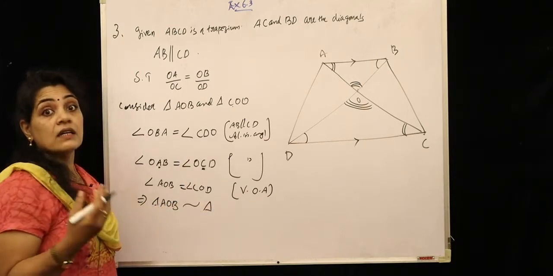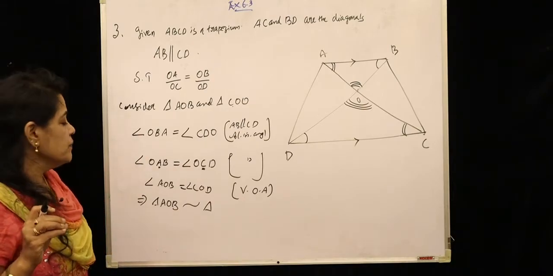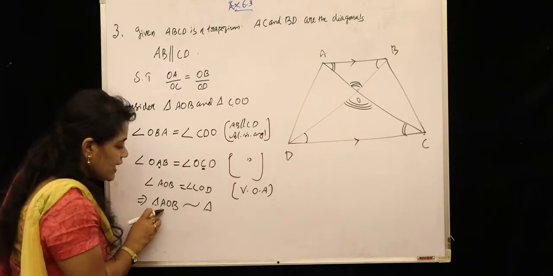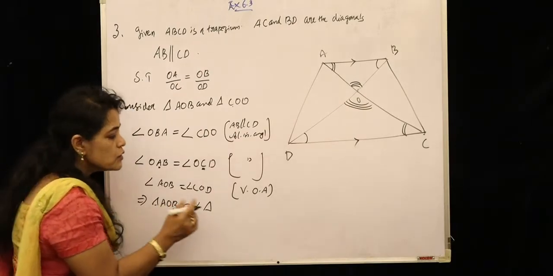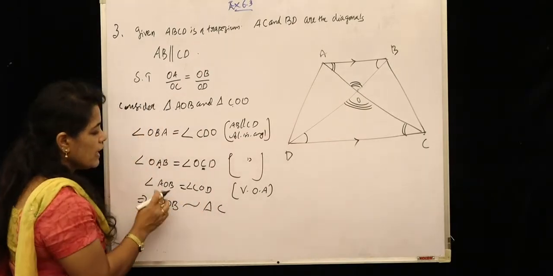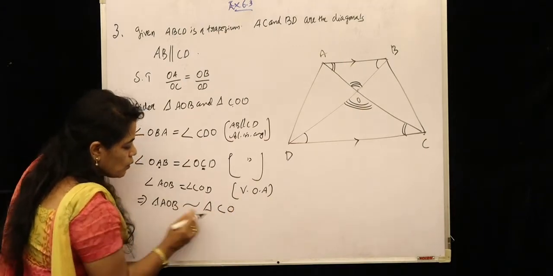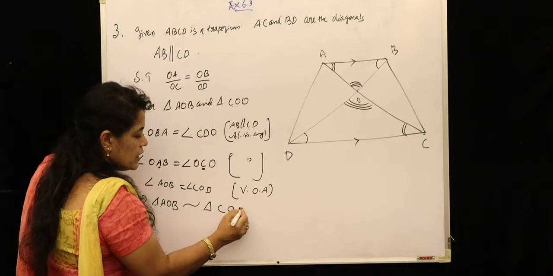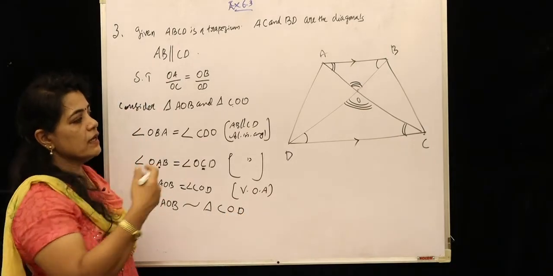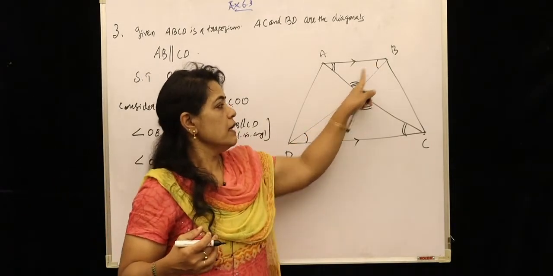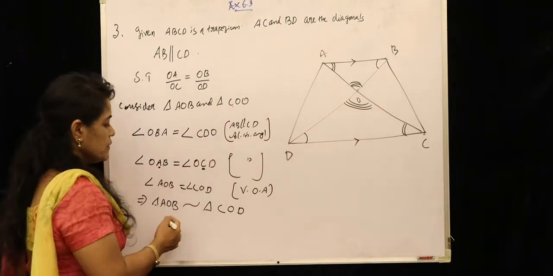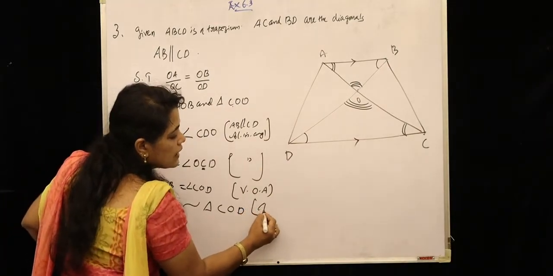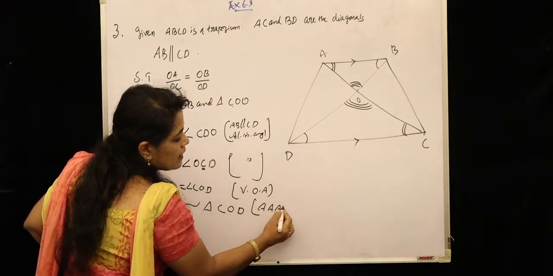When you are writing, that order should be correctly written. Here angle A and angle C are equal, so angle A is placed in the first position. Angle C and O we have seen are equal, so O should come in the second position, COD. B and D are equal, so B here comes D. So they are not congruent, but similar under AAA.